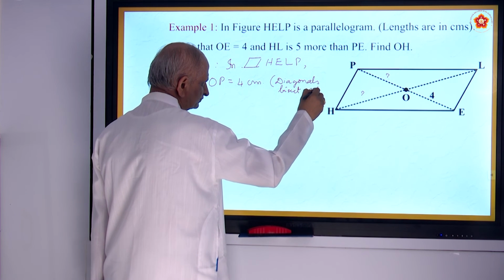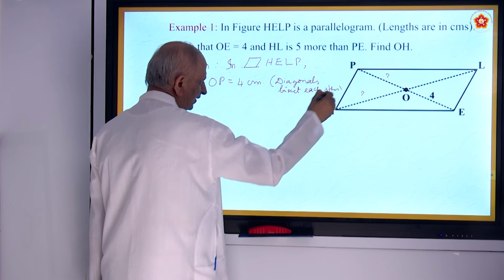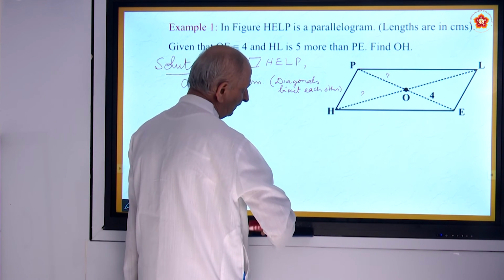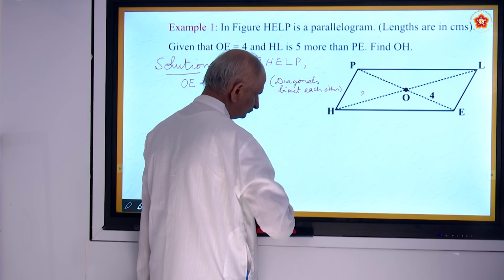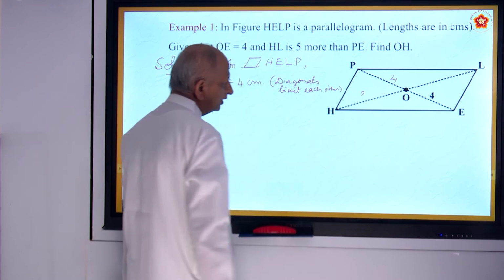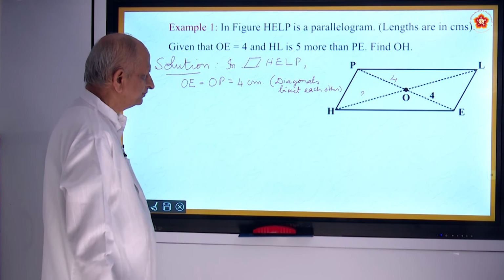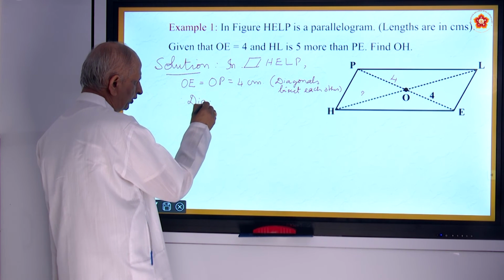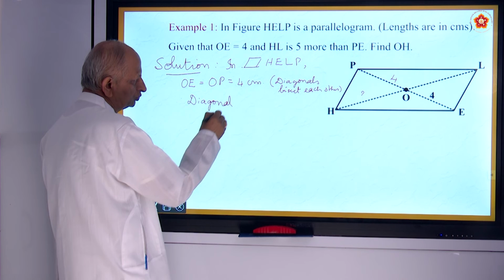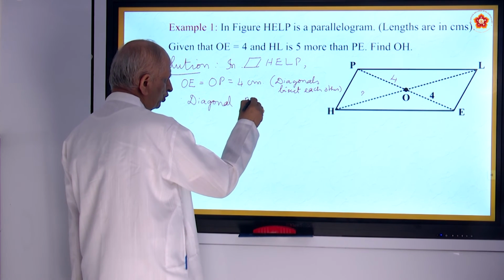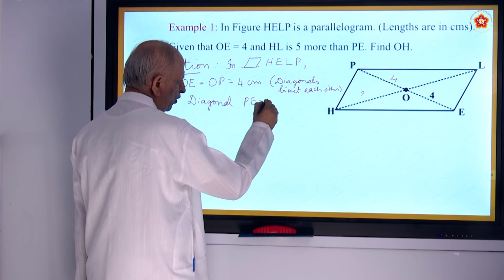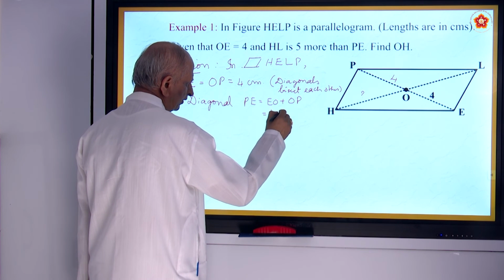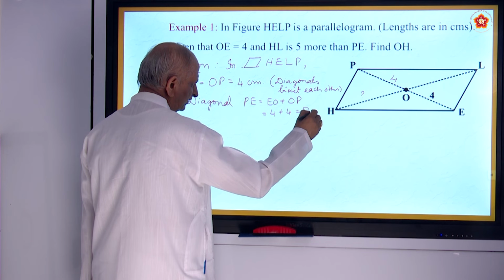Bisect means what? They divide equally. So if one part is 4, the second part also becomes 4. Now 4 plus 4, how much does it become? Therefore you can write diagonal PE is equal to EO plus OP, that is 4 plus 4, that is 8 centimeters.